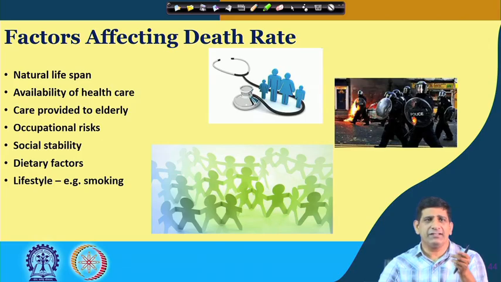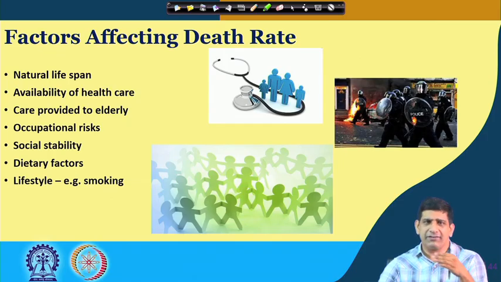Similarly, for the death rate, there is the natural lifespan, which is increasing. Availability of health care, which we talked about, is again getting better. Care provided to the elderly, which we would like to be much nicer than it is today, is again making positive progress. Occupational risk is also coming down, like risk in working in factories, although from time to time we do see accidents, like recently one accident happened in the Kolkata metro, which was while traveling, which is really unfortunate.